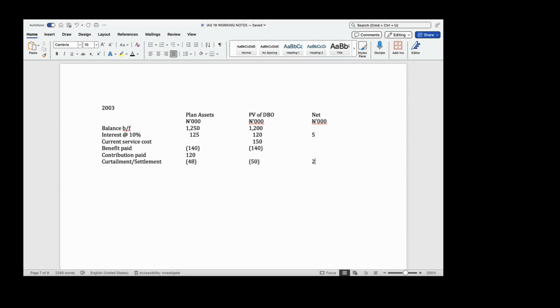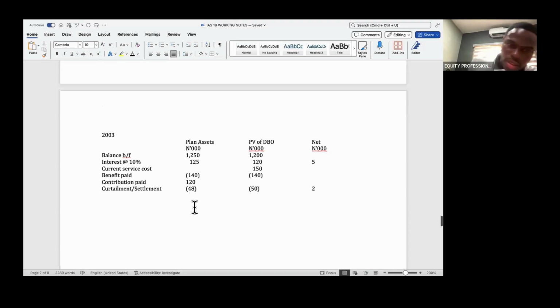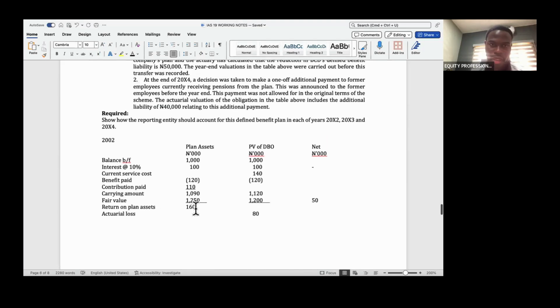Because a higher amount of the obligation was reduced. They're supposed to pay out 50, but they eventually paid 48. So that 2 million difference was a gain to them. Correct. Absolutely correct. Okay, nice one.